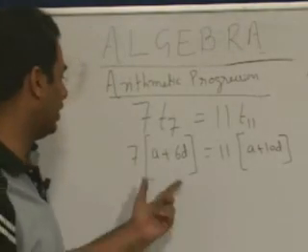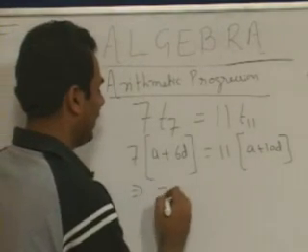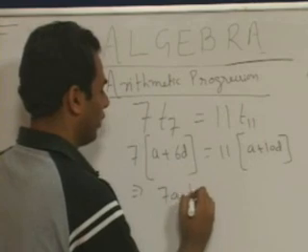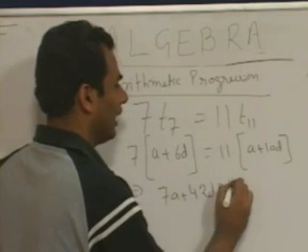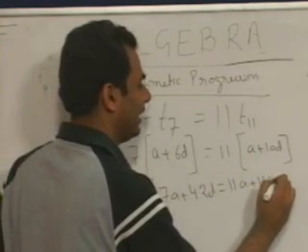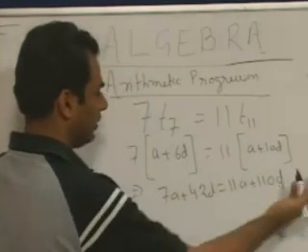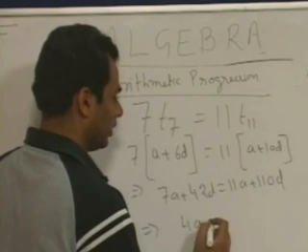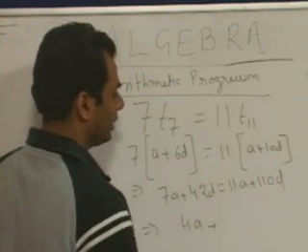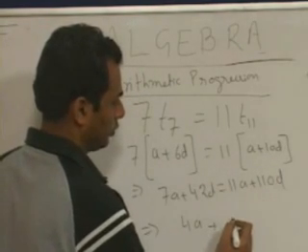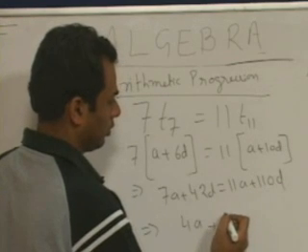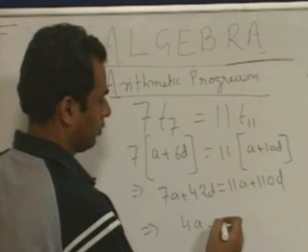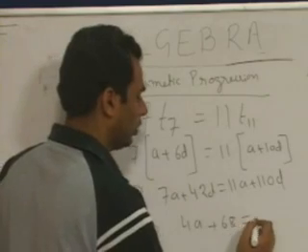Now here what will I get? That is 7A plus 42D is equal to 11A plus 110D, and if I take out that term here, I'll get 4A plus (110 minus 42), that is 68, is equal to 0.